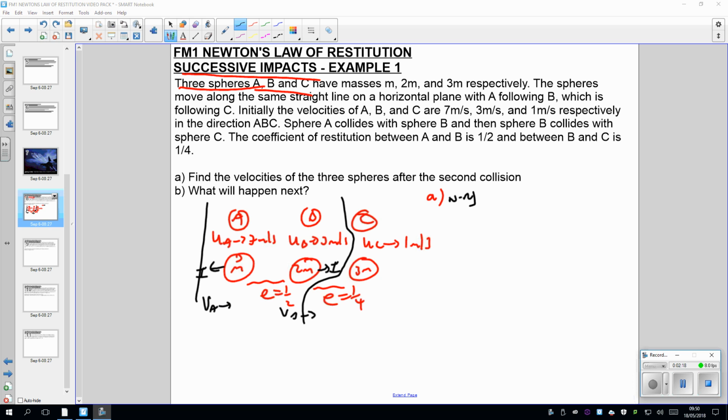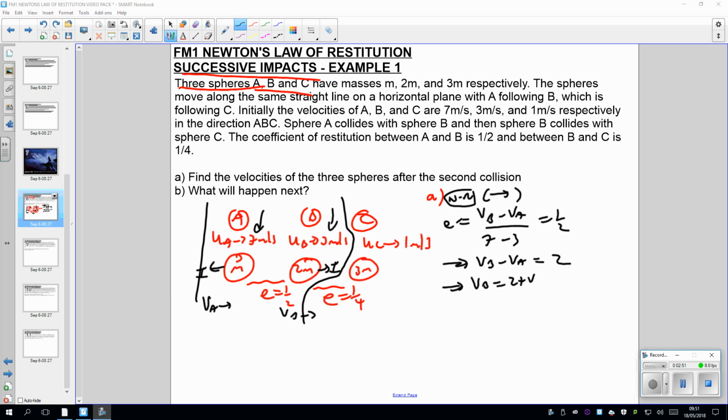So Newton's law of restitution: E is the speed of separation over approach, and B must be fastest because I've assumed it's going to the right, and my positive direction is right. The approach is 7 and the 3 is also going to the right, so that's why it's the same sign. I know that E is a half, so VB take VA is 4 over 2, which is 2, so VB is 2 plus VA.